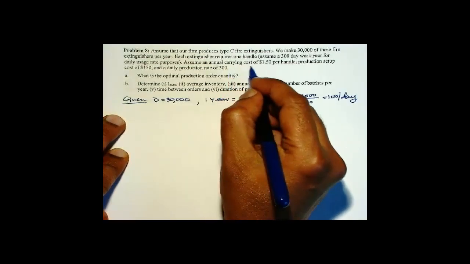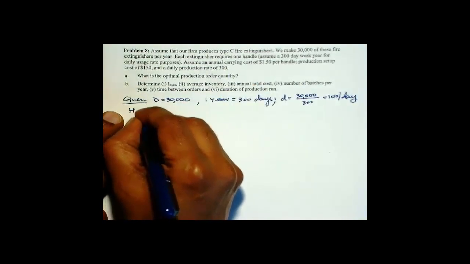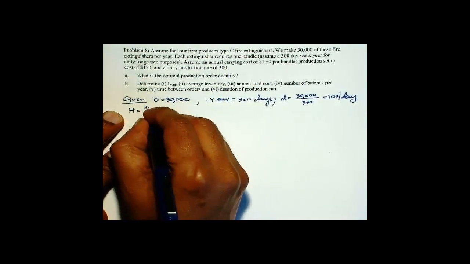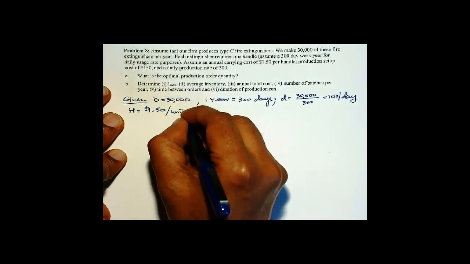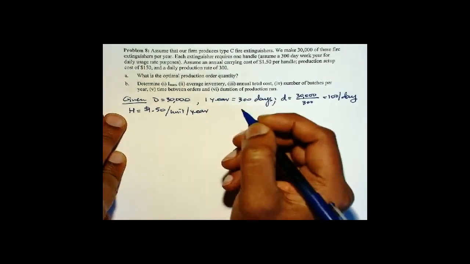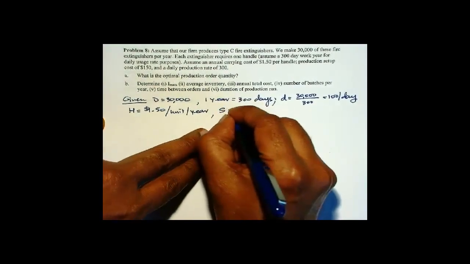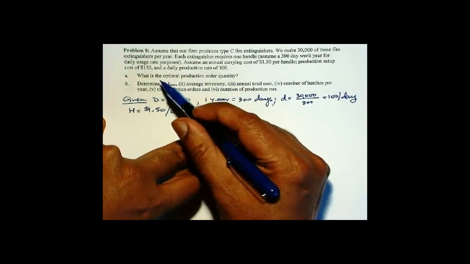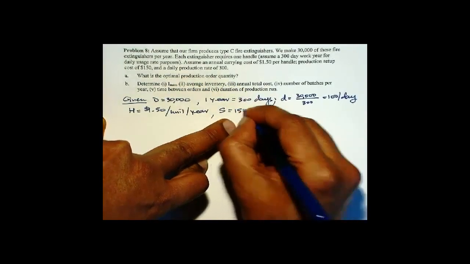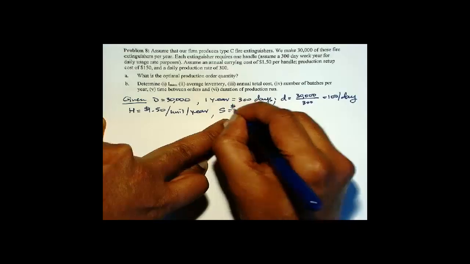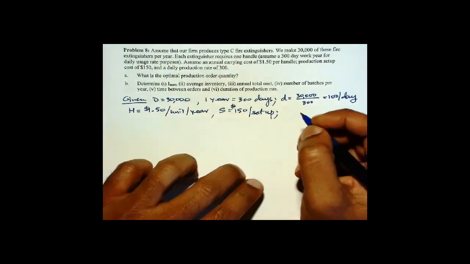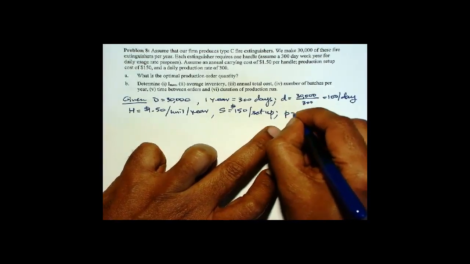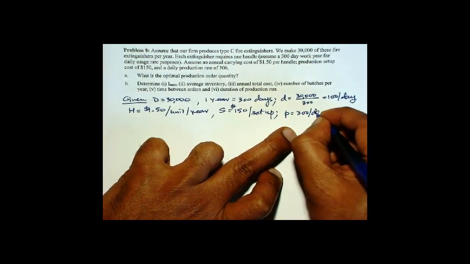And we are given a holding cost of $50 per unit per year, and a setup cost of $150 per setup. And we are given the production rate is 300 per day.